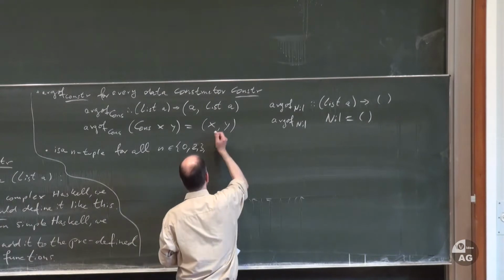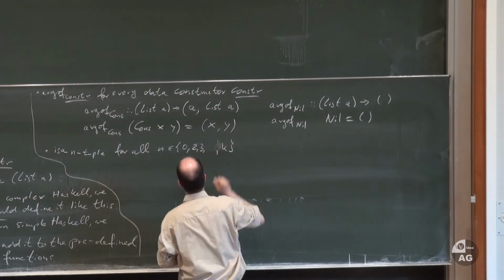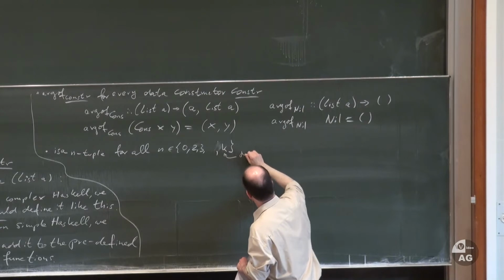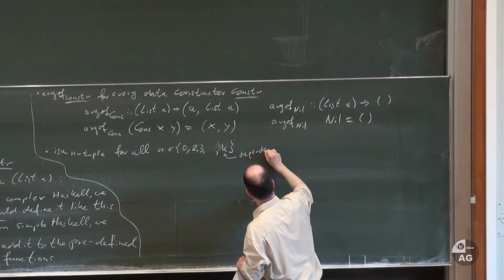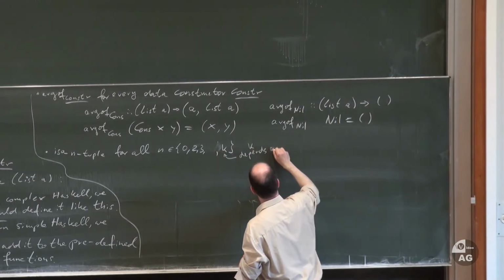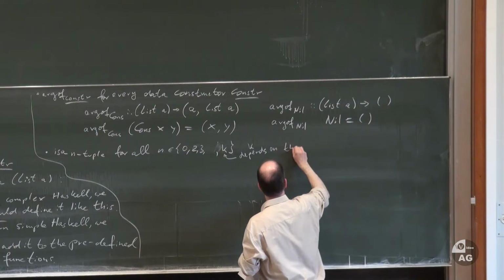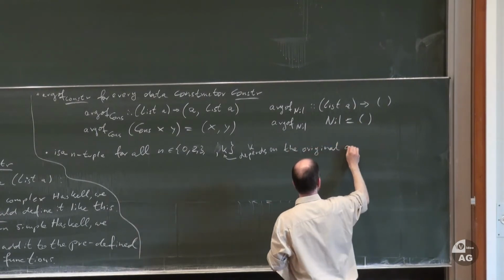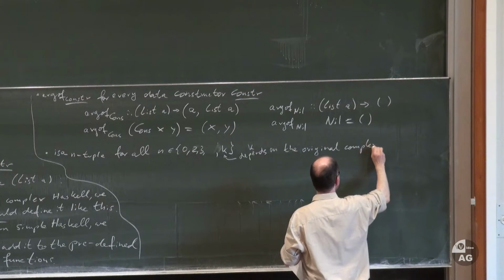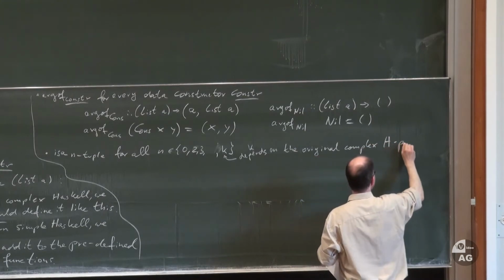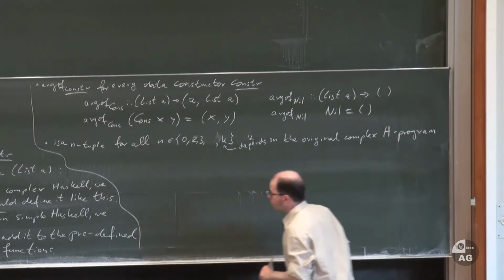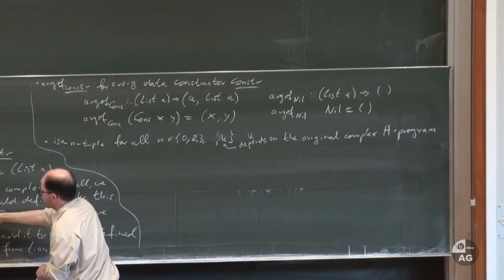So it will be sufficient to consider tuples only up to some number k, and this number k depends on the original complex Haskell program. So what does this do? Well, it works like this.